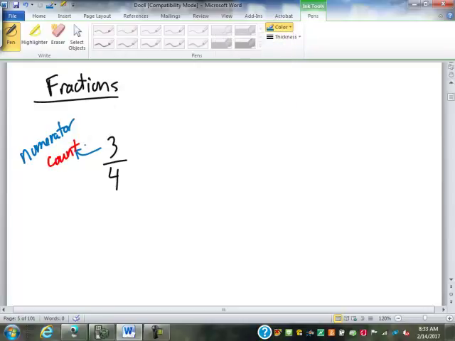So just like having 3 inches or 3 cows or 3 pounds, we have 3 of something here. And the bottom, which is called a denominator, is the name. That would be like the inches or the cows or the pounds, except now it's fourths.